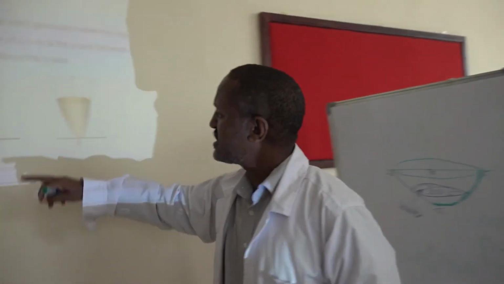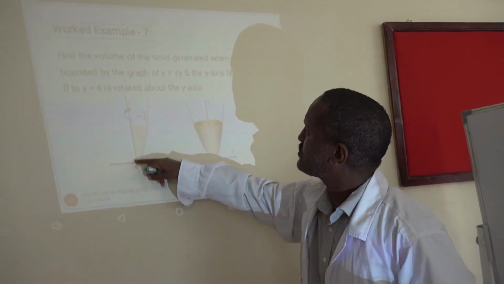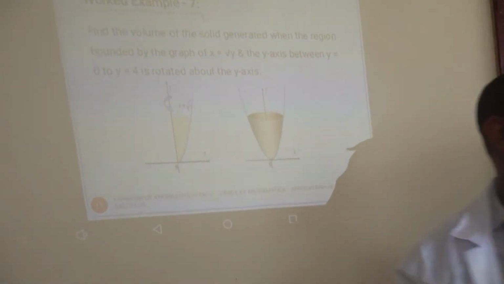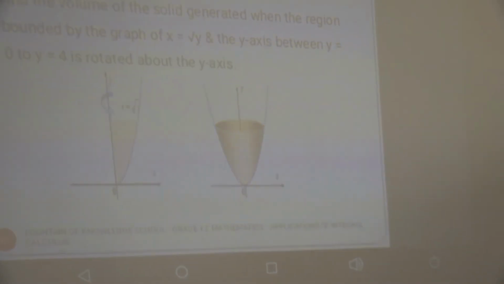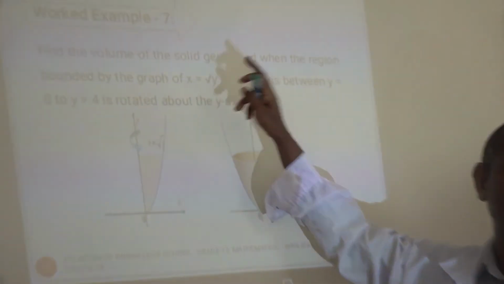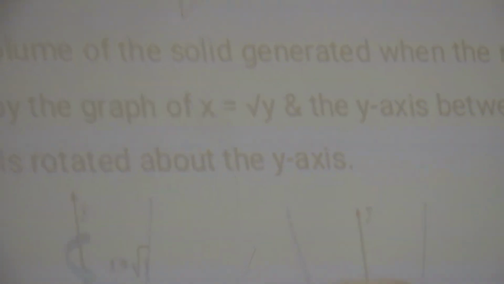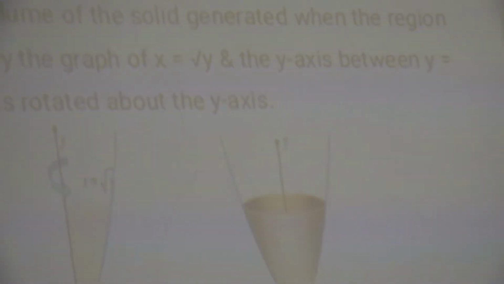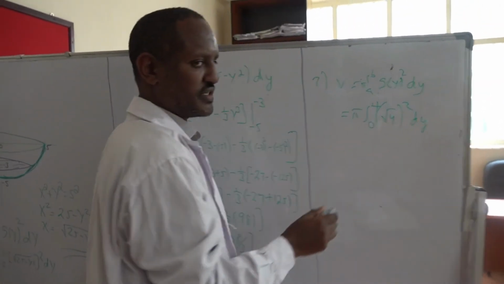In our case, it is from 0 to 4. And g of y is already given as the square root of y. So the square root of y, the whole squared, dy. I think it is very easy.